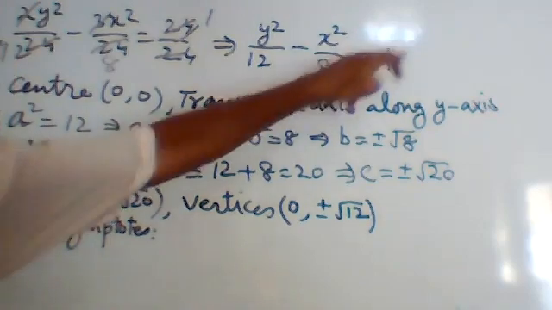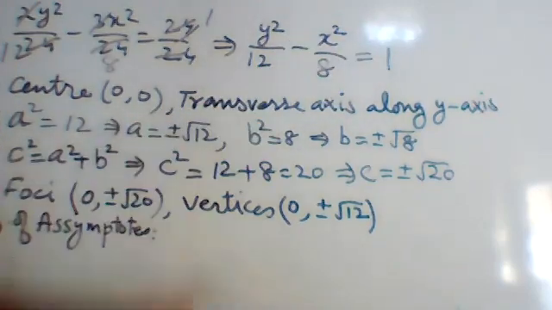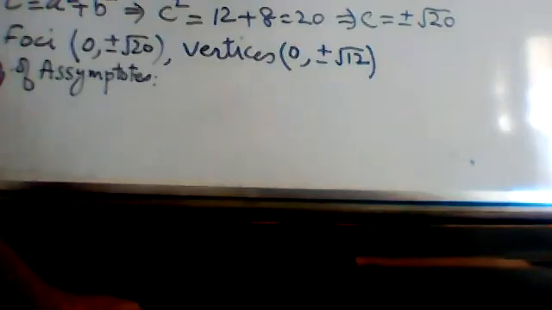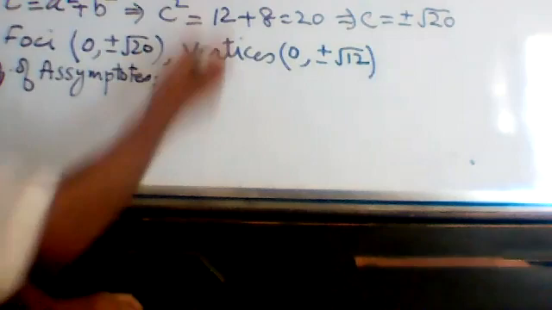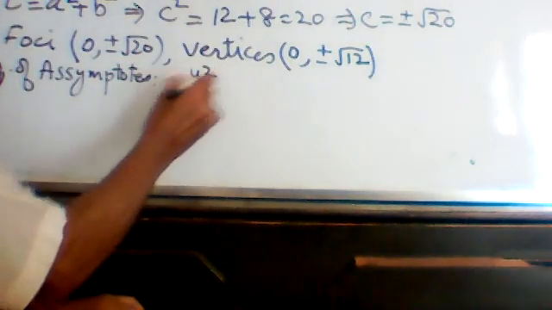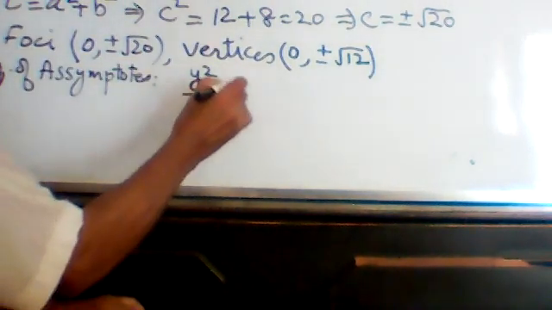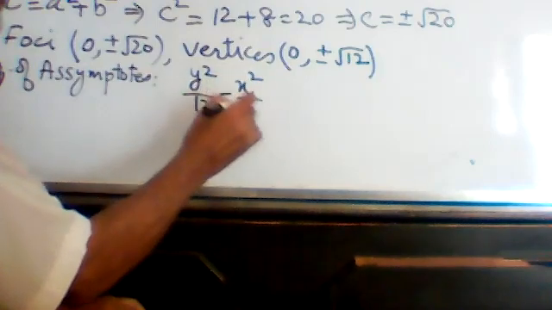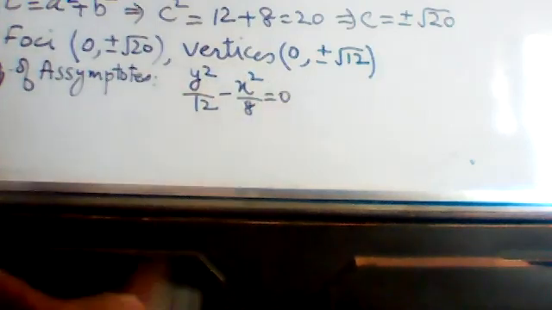This 1 will be replaced by 0 to find the equation of asymptotes. So y square upon 12 minus x square upon 8 equal to 0.